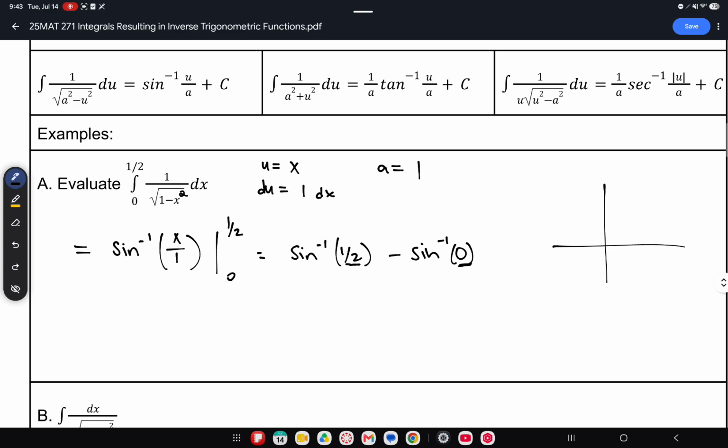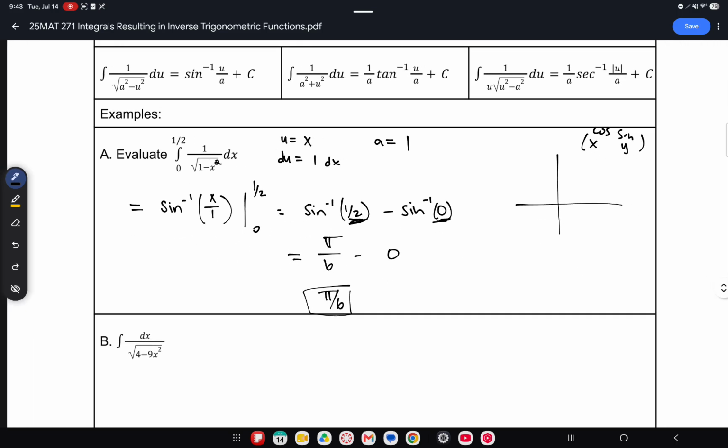In the unit circle, the x is cosine and the y is sine. So where do I get a sine of 0 and a sine of 1/2? Getting a sine that's 1/2 is going to be pi over 6, and getting a sine of 0 is at 0. So pi over 6 minus 0 is pi over 6.